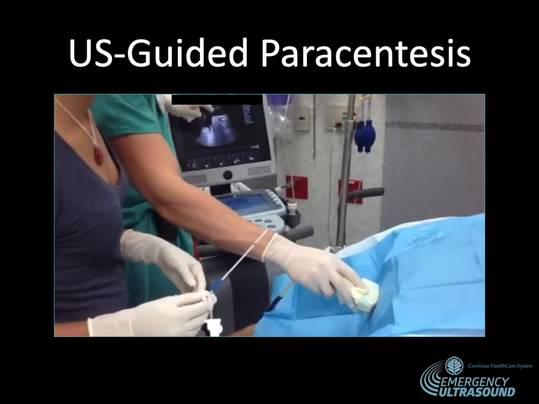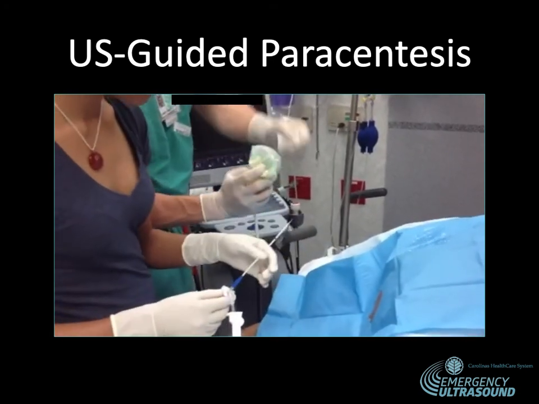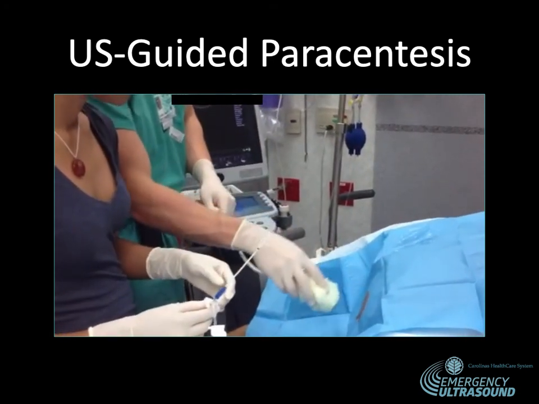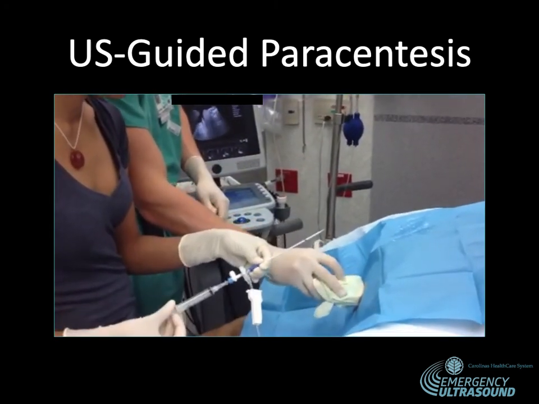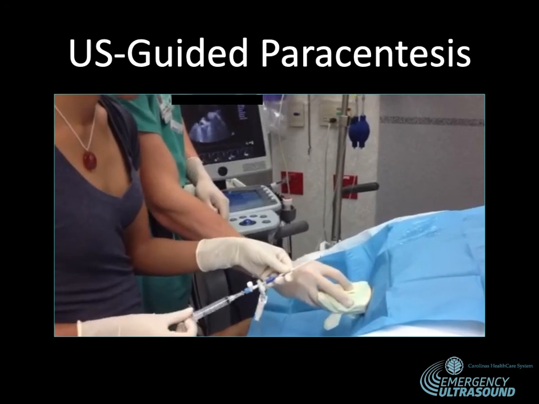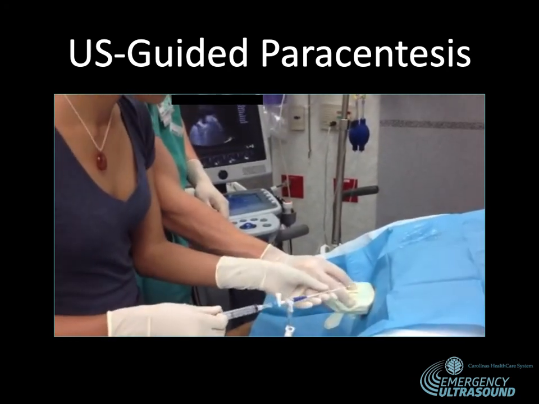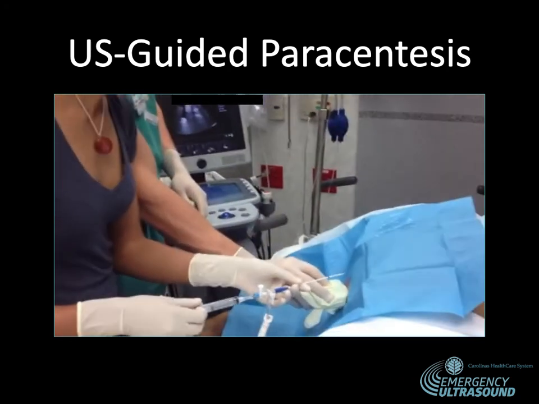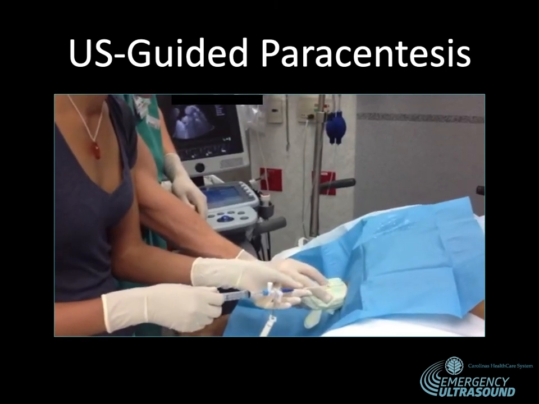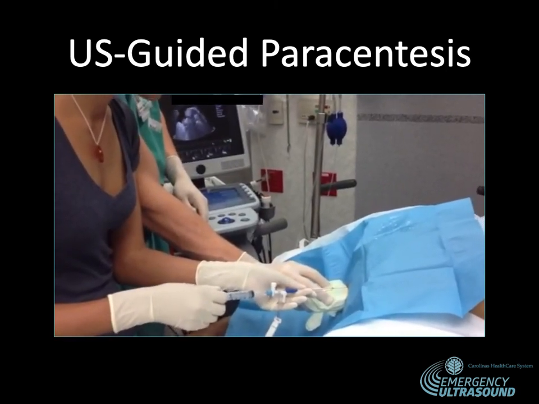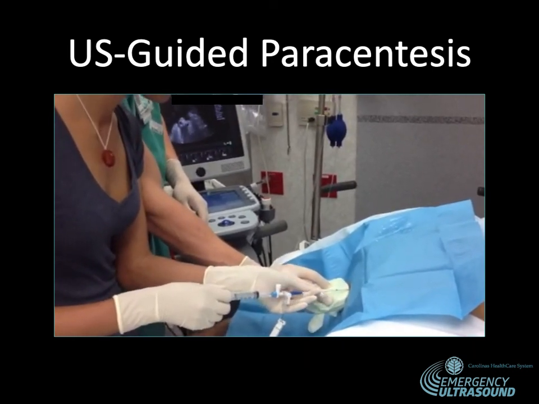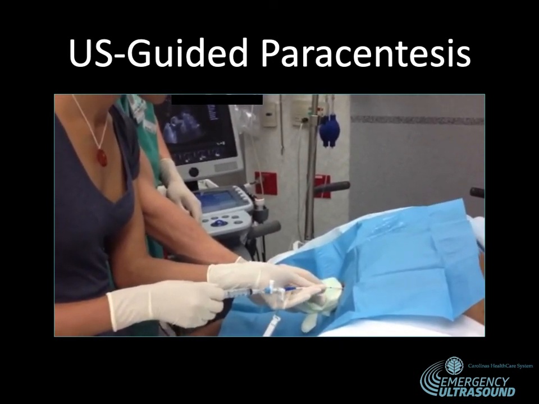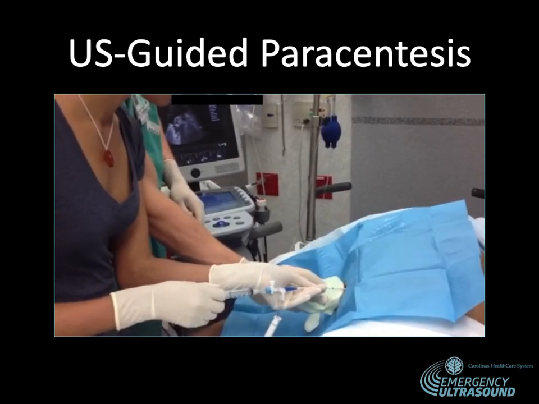So right now we are performing an ultrasound guided paracentesis with sterile gloves, sterile drape, and sterile probe cover. Identifying the pocket, which we are seeing on the screen behind us, we're ready, syringe attached to the needle, and we're going into the skin. Slowly, we should be moving the needle tip over about a centimeter if we can.